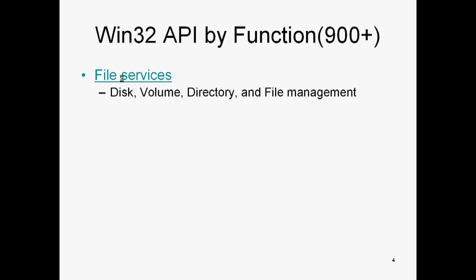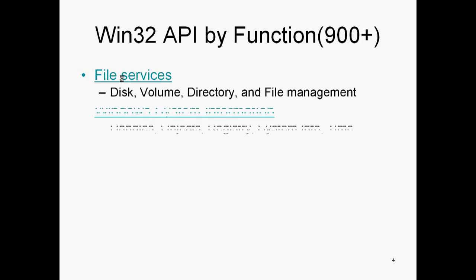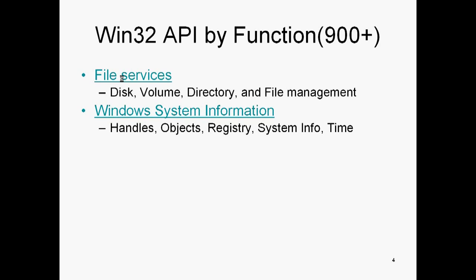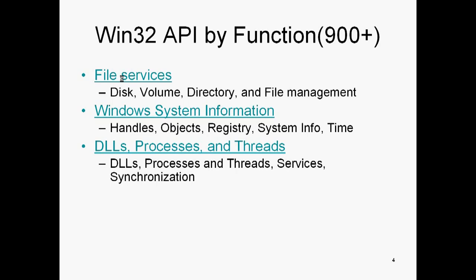There are around 900 plus API functions. They are called Win32 API. For file services they have an API, and for Windows they have an API. If you are into automation, like web automation or Windows automation, mostly these are the things happening behind the scenes.